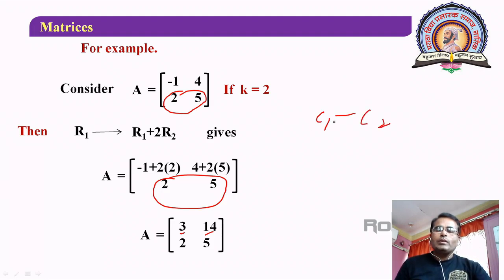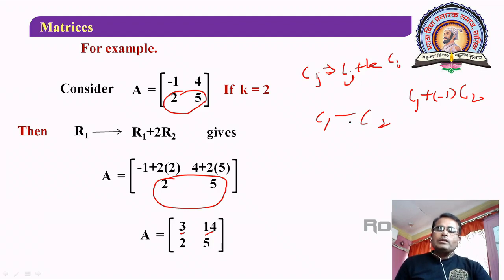This transformation is nothing but C1 plus minus 1 times C2, which is of the type Cj is taken to Cj plus k times Ci. This type of transformation is there.